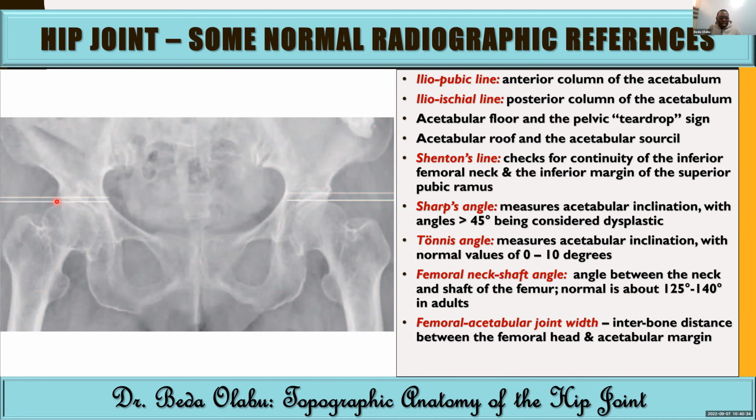So when you see a thin gap, it just tells you that the cartilage is thin. And when you see a thicker gap, it just means that the cartilage is thick. So we do this to evaluate the degree of perhaps joint degeneration as we grow.